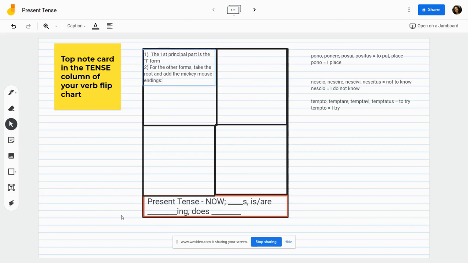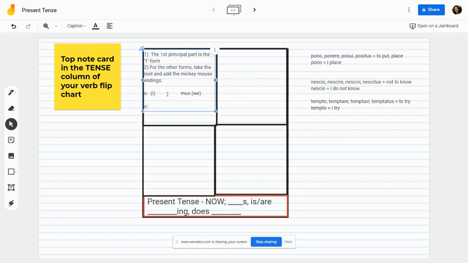What are the Mickey Mouse endings? The Mickey Mouse endings are O, which is I. And then the we form is MUS, which is we.